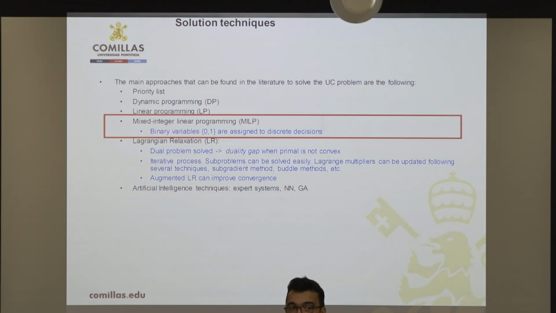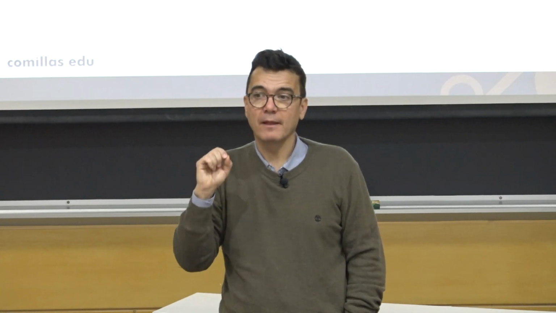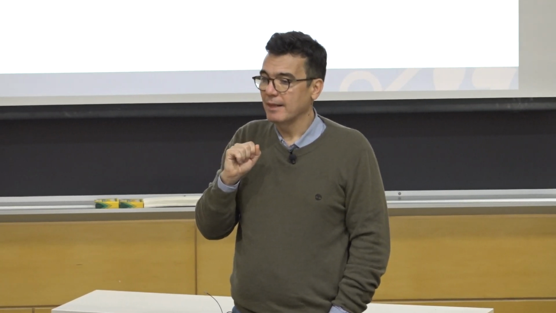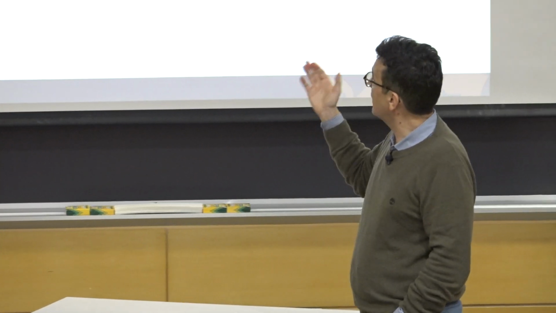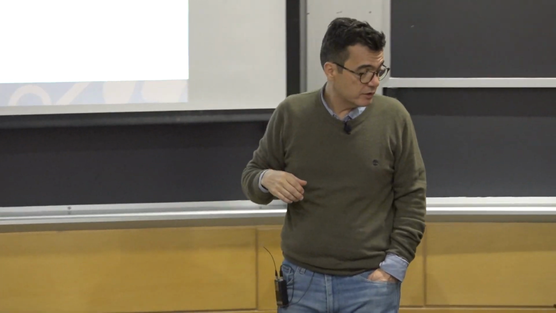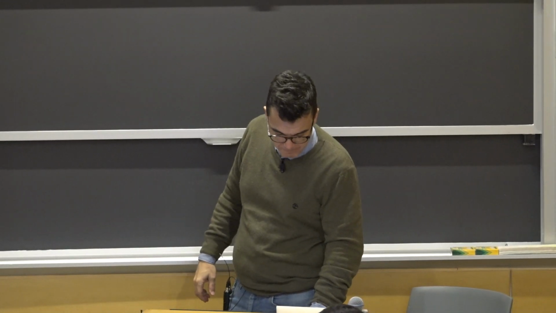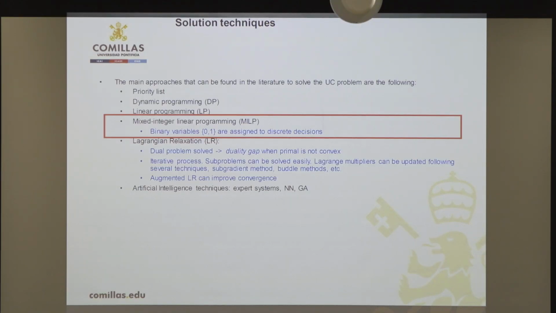In practice, in many cases, binary variables, 0 or 1. So you can model a decision like being on or off using a binary variable. From the optimization point of view, there are different solvers that are able to deal with big problems in a reasonable time, and this is the way in which many real models used in the industry are built.